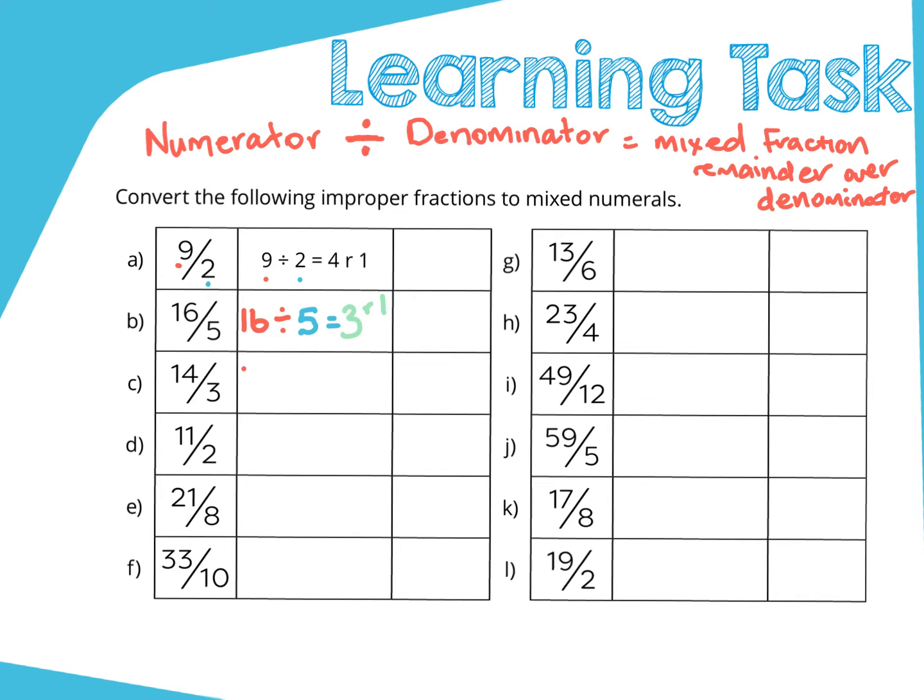We've got 14 divided by 3, okay, equals. So let's have a look at that. We can even put our 3 times tables on the side here. We're doing division, and we go 3, 6, 9, 12, 15, 18, okay.